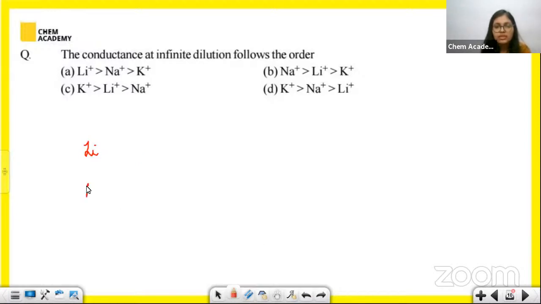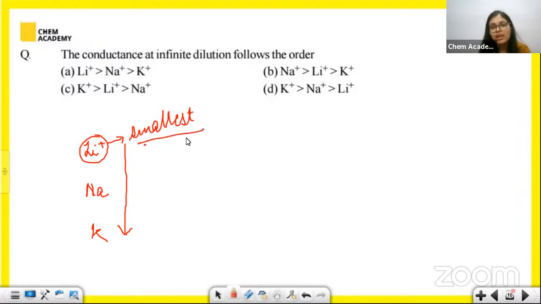If we have lithium, sodium, and potassium, we know that as we go down the group, the size increases. The size of Li plus is going to be the smallest.